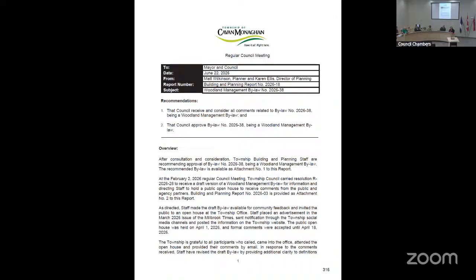And third, that staff come back after a full year of implementation to report back on the bylaw. That's fine. Yeah, that's the intention. Any questions or any obscurity about those recommendations?